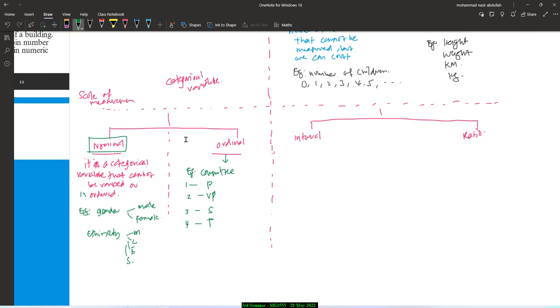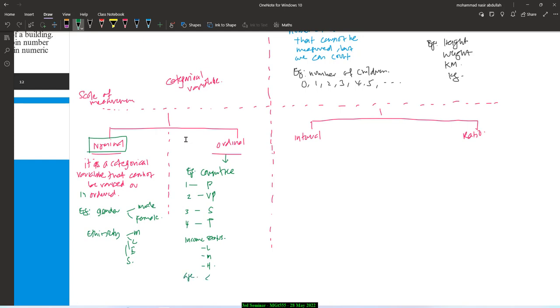Right? Another example is income status. Right? Low income, middle income, high income. So it should be in order, right? And another one is, let's say, age.